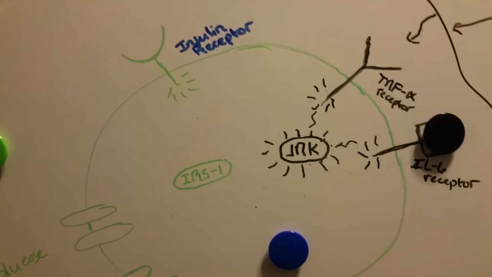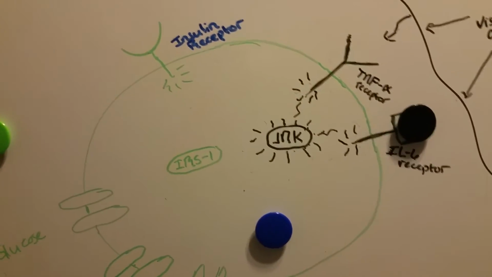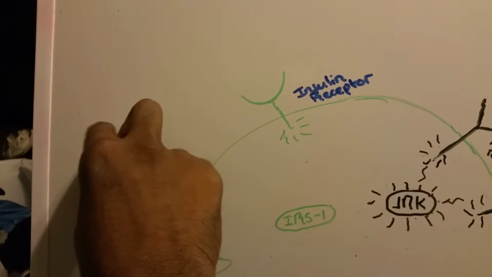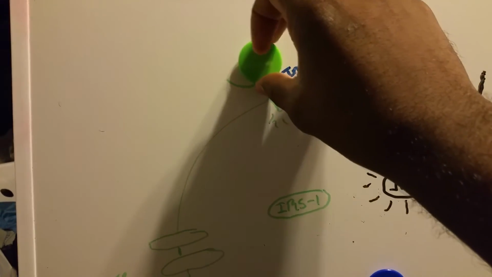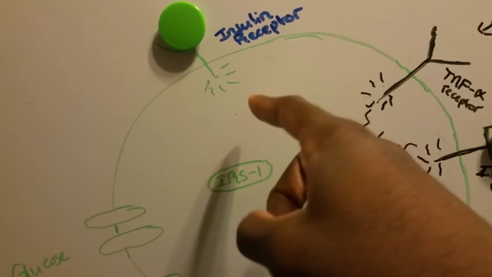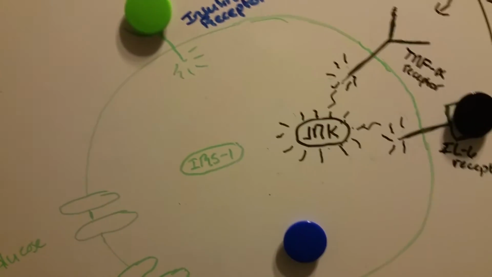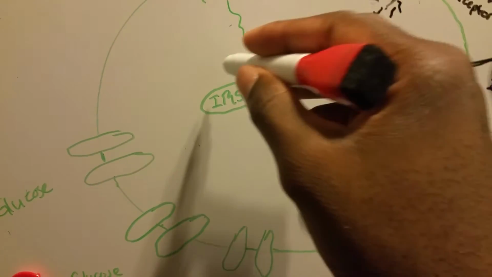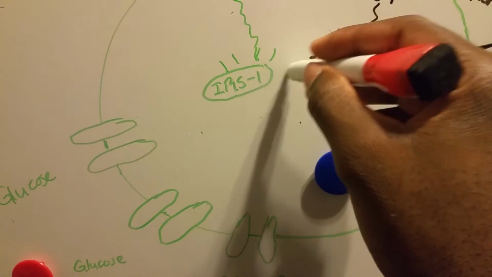So the way the insulin receptor works is the insulin receptor binds to insulin, as you see here. This activates the signaling pathway, and then this pathway leads, through a signaling cascade, to the activation of IRS1.